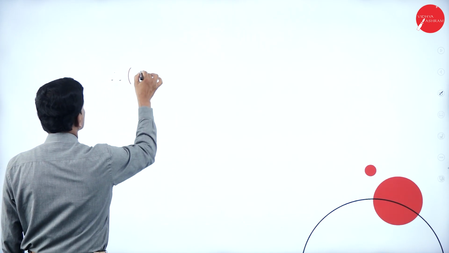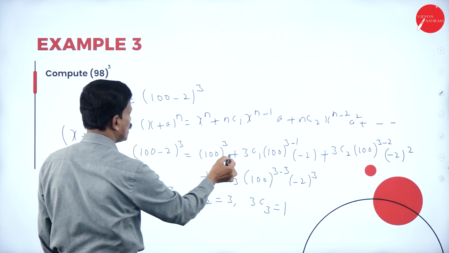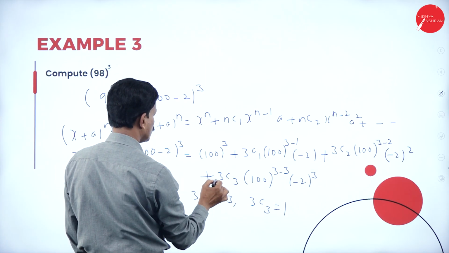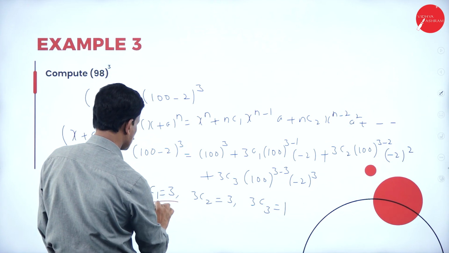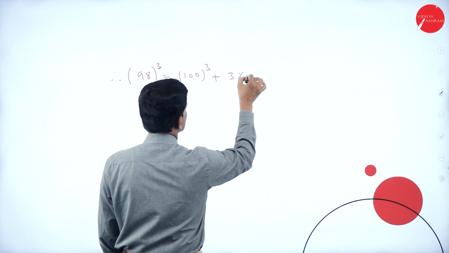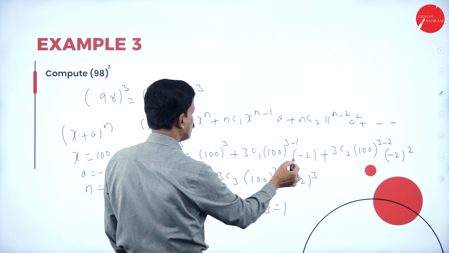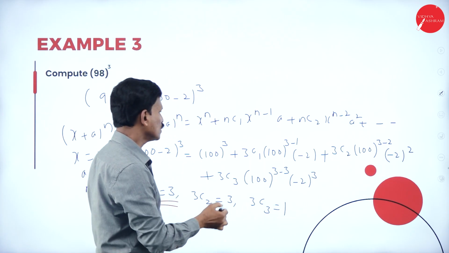Therefore, 98 whole cube can be written as, what is the first value? 100 whole cube plus 3C1. What is 3C1? 3C1 is 3 into 100 whole square into minus 2, plus 3C2.